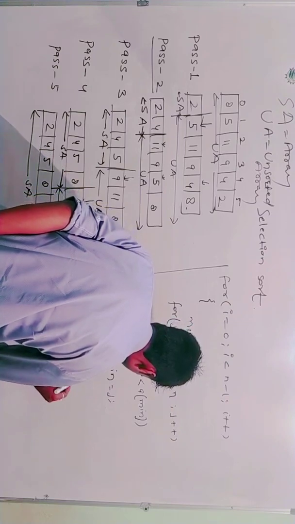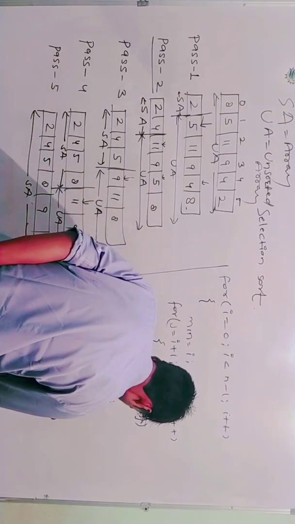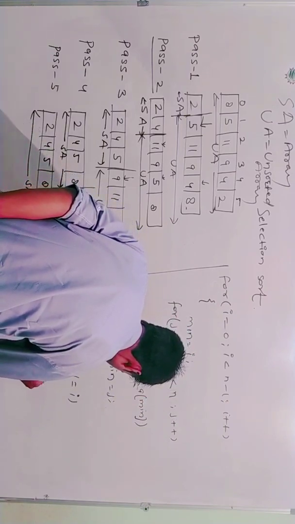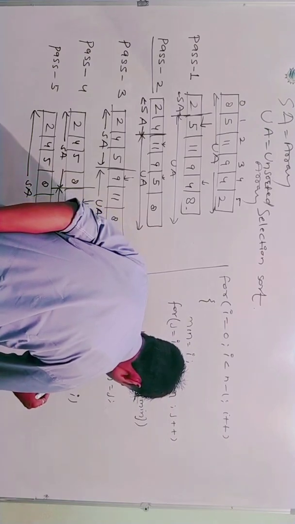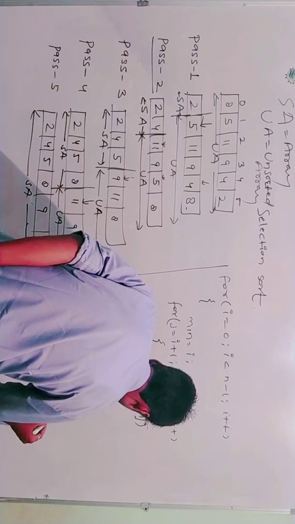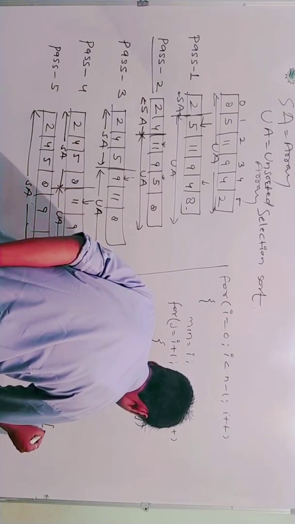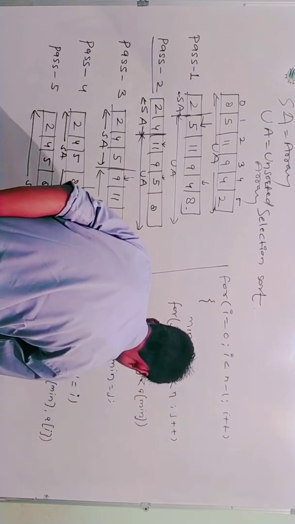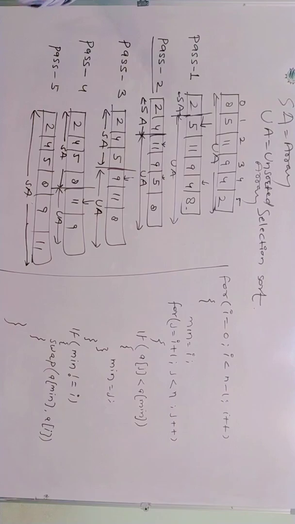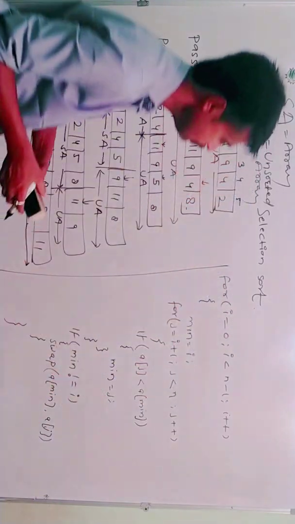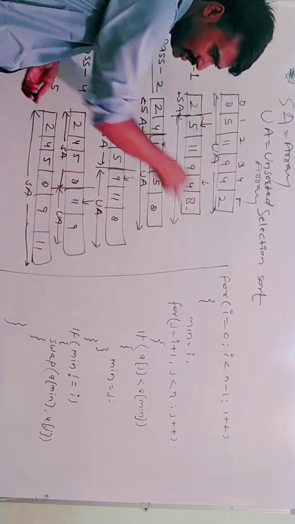After the loop, if minimum is not equal to I, swap. So this is the code for this algorithm.